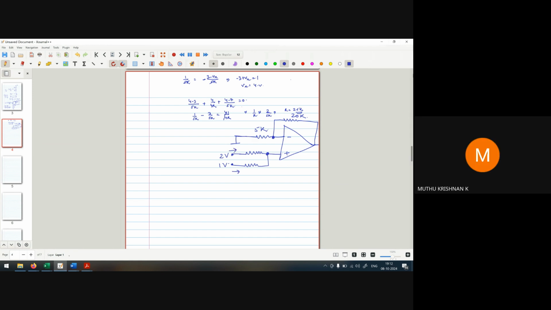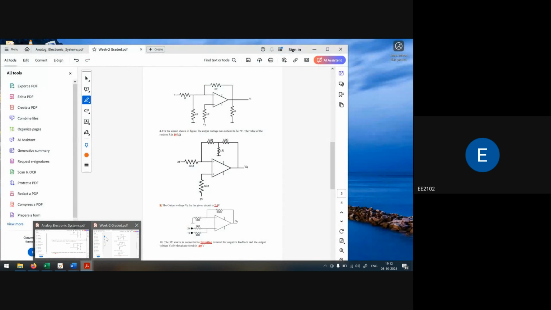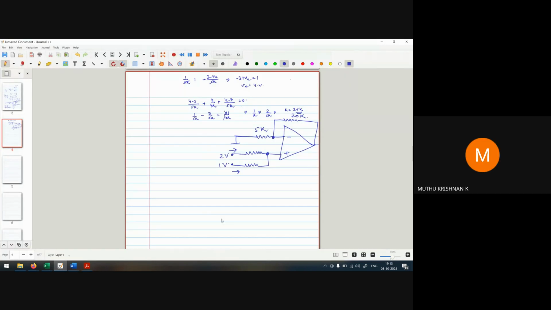The value of the resistance is 2K and 2K. So half of the difference between these two voltages will be there. So the total current I is equal to I1 plus I2.